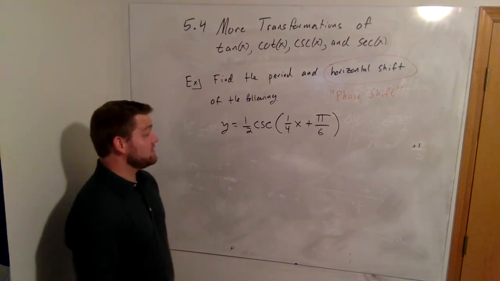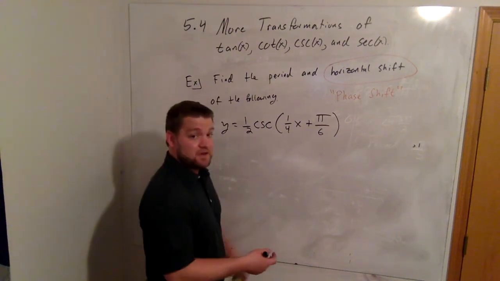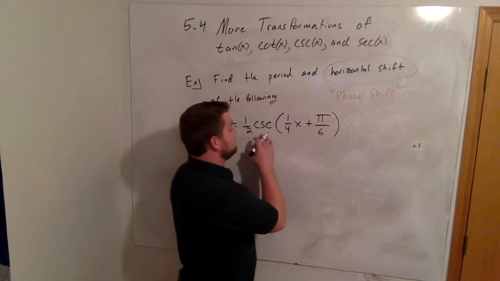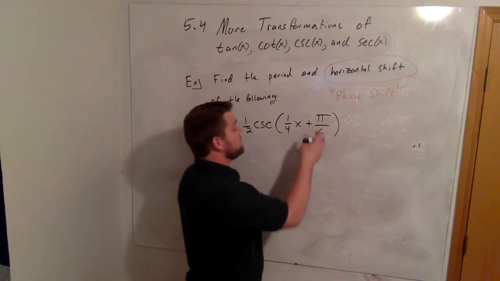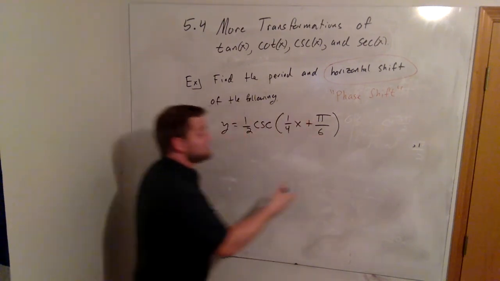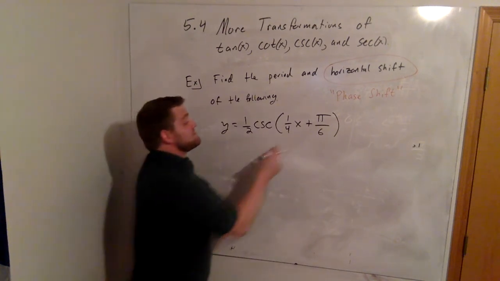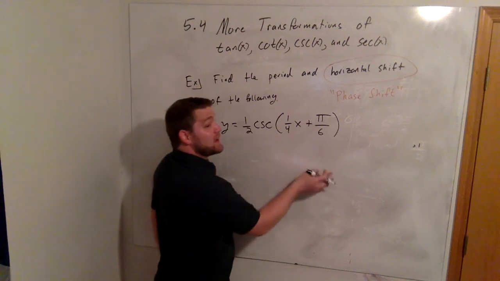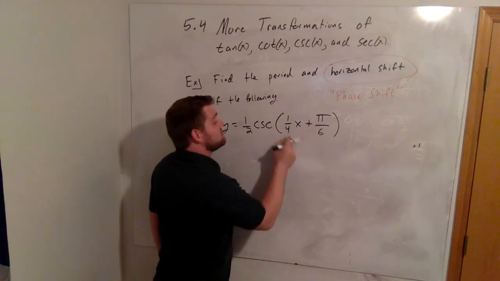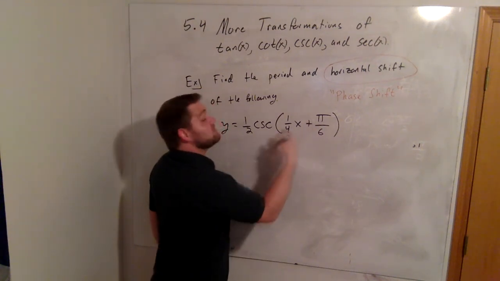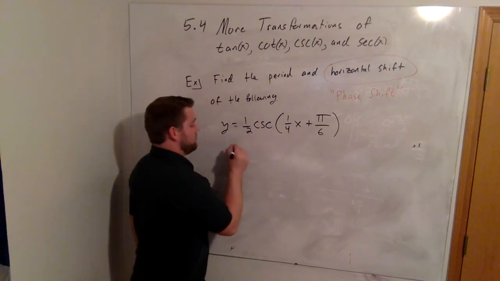A common mistake here is to think that I've shifted the cosecant graph since I'm adding pi over 6. You might be tempted to think that I'm shifting it to the left pi over 6 units. Careful, that's not true. Because I'm adding pi over 6 not directly to x, I'm adding pi over 6 to 1/4 x. So to see the true shift, I need to factor out the 1/4.